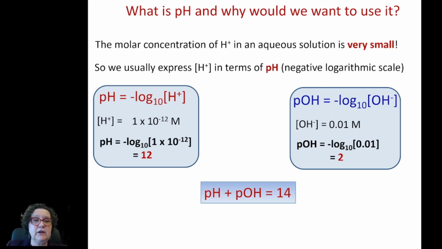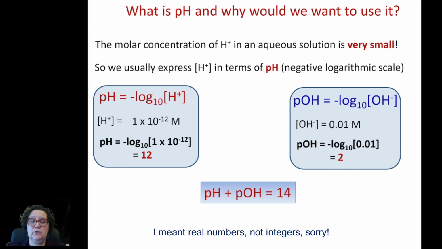Oh, that's really nice. So the minus log in base 10 of the concentration of hydrogen ions gives values like 3.2, 2.7, 7.8, 10, 12, 14. They are easier to work with.